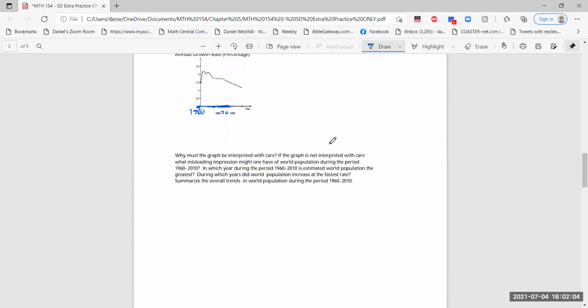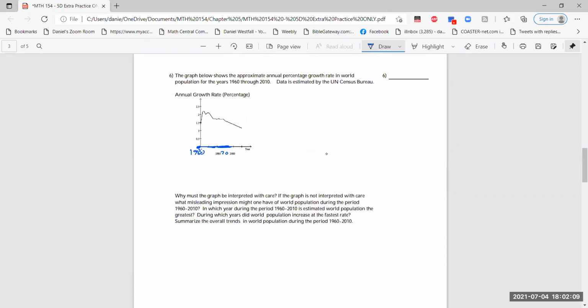And these are percent change is probably what that is. The growth rate is probably the percent change. So you would have the impression that the population was decreasing here between, say, 1980 and 2010, where it's not decreasing, it's actually just increasing at a slower rate. That's probably what they want you to say there.